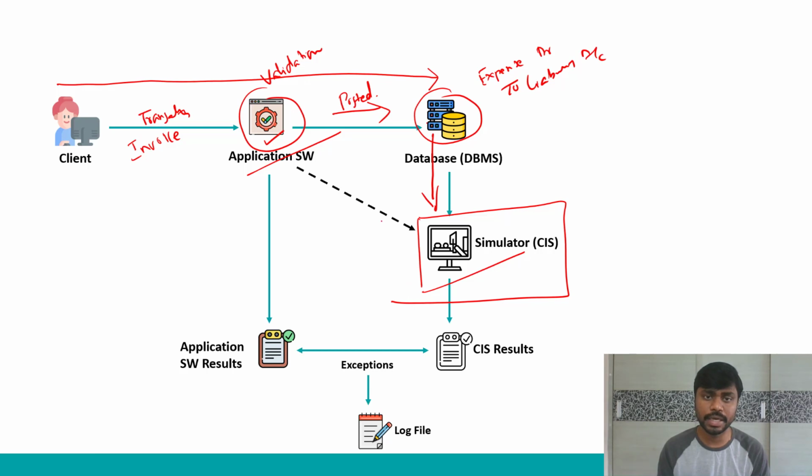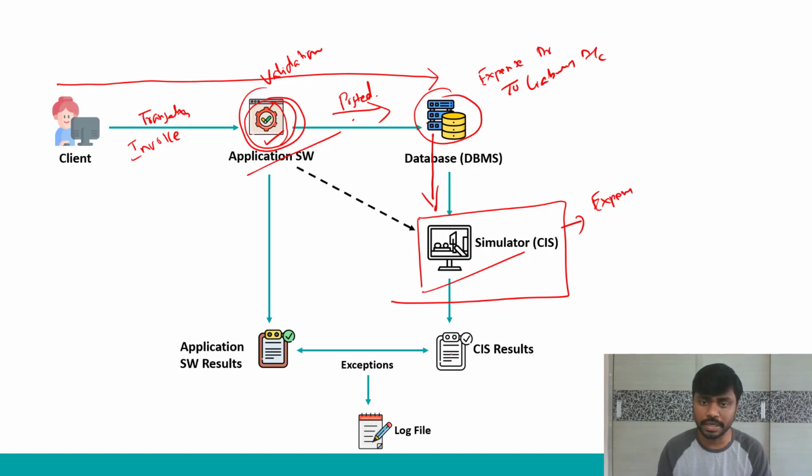So the simulator takes this transaction, follows the same logic as the application software, and tries to calculate the output. On the same invoice transaction, it applies the validation logic and all the checks that the application software does, and creates an output.